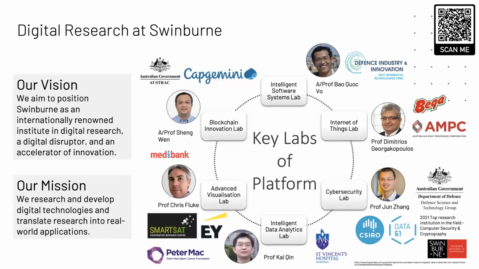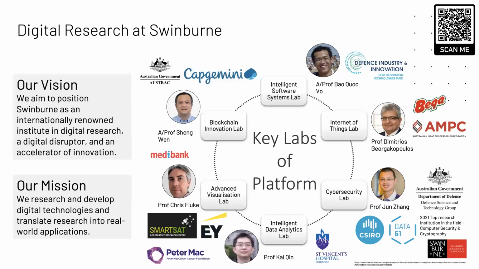At Swinburne University, we have a digital research platform, and our overarching aim is to position Swinburne as an internationally renowned institute in digital research, and we help our industry partners to solve their industry problems in different fields.